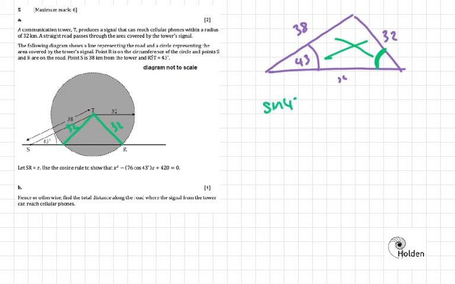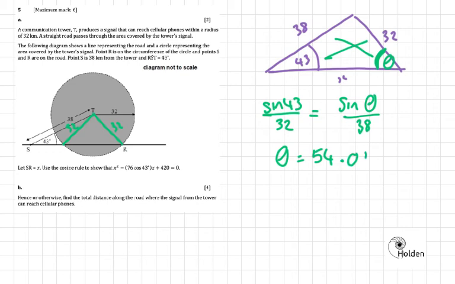So sine of 43 divided by 32 is equal to the sine of theta over 38. Once you rejig all of that, theta gives us a value of 54.0835. You probably need to go away and work that out on your calculator, that's absolutely fine.